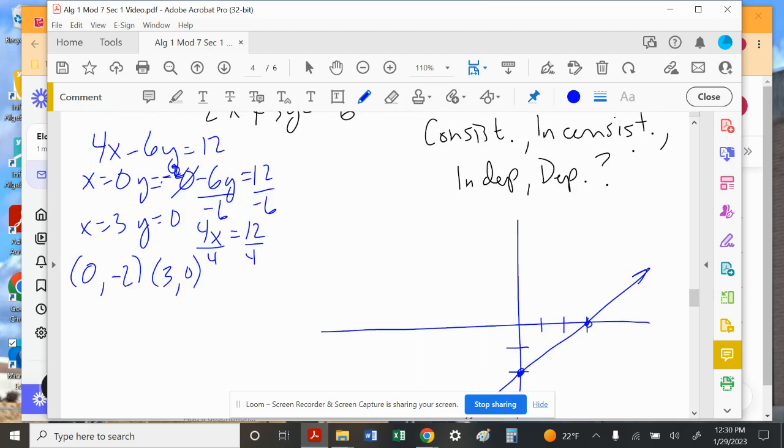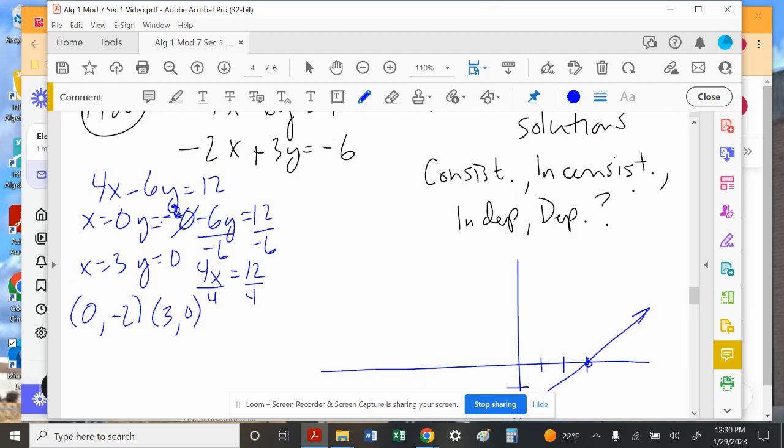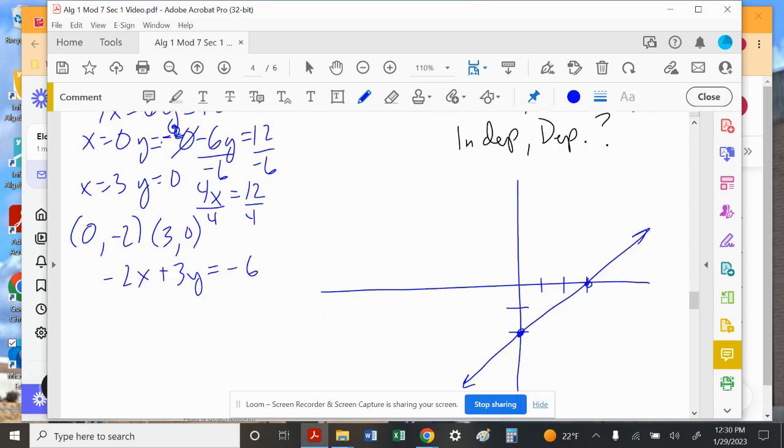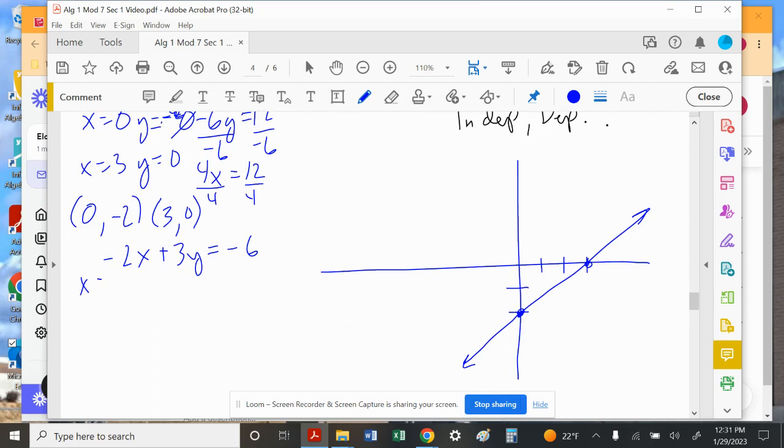Then I'm going to try the other equation. So I have negative 2x plus 3y equals negative 6. I'm going to do the same thing and set x equal to 0. So I plug in a 0 for this term, so that disappears. So I really have 3y equals negative 6, so y equals negative 2, because I divide both sides by 3.